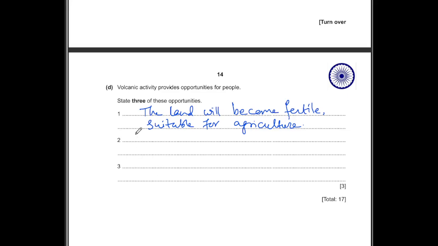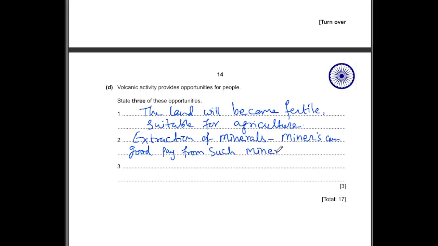Next one, extraction of minerals. Miners can have good pay from such minerals. Okay, one more thing is geothermal. Wherever this kind of activity is there, volcanic activity, we try to harness the energy, right?